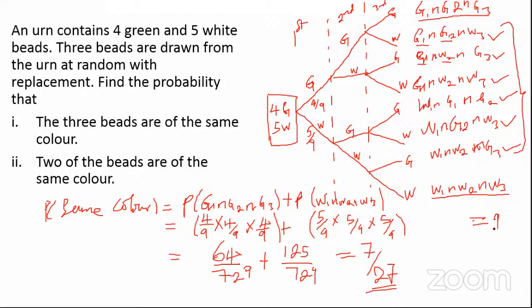A 1. But we have already calculated the probability of white, white, white, and green, green, green, and got it as 7/27. So when we get the probability of white, white, white plus green, green, green, plus the probability of all these ones, we equate it to 1 because that is the total probability. So it should give us a 1.